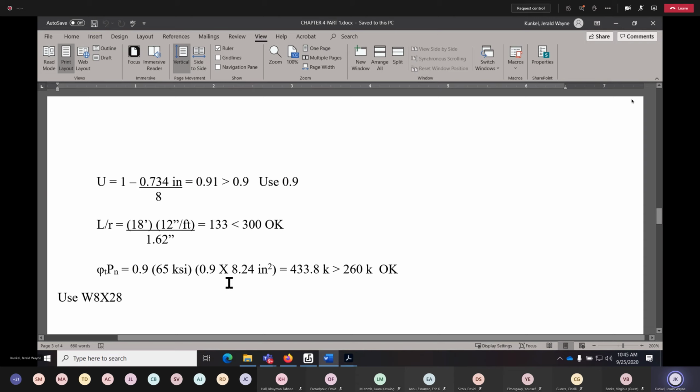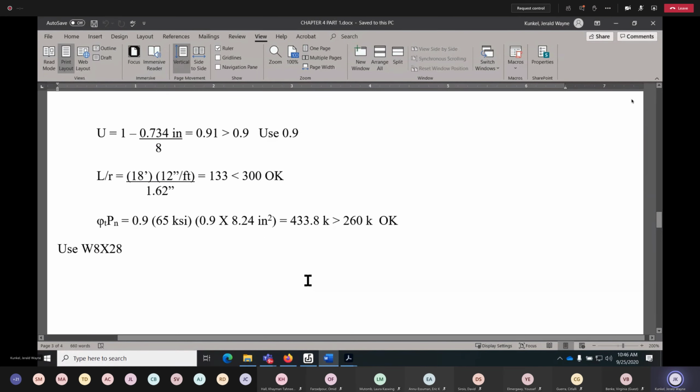Now we'll check the nominal strength of the member based on the tensile fracture capacity. Based on equation number 2, 0.9 times 65 KSI times 0.9 times 8.24 gives us 433.8 kips. So the 8x28 is the winner.